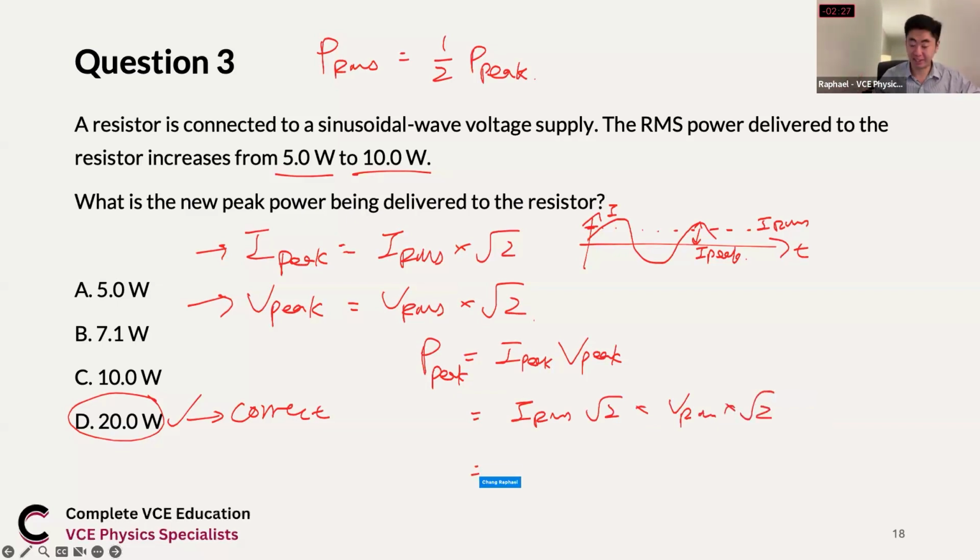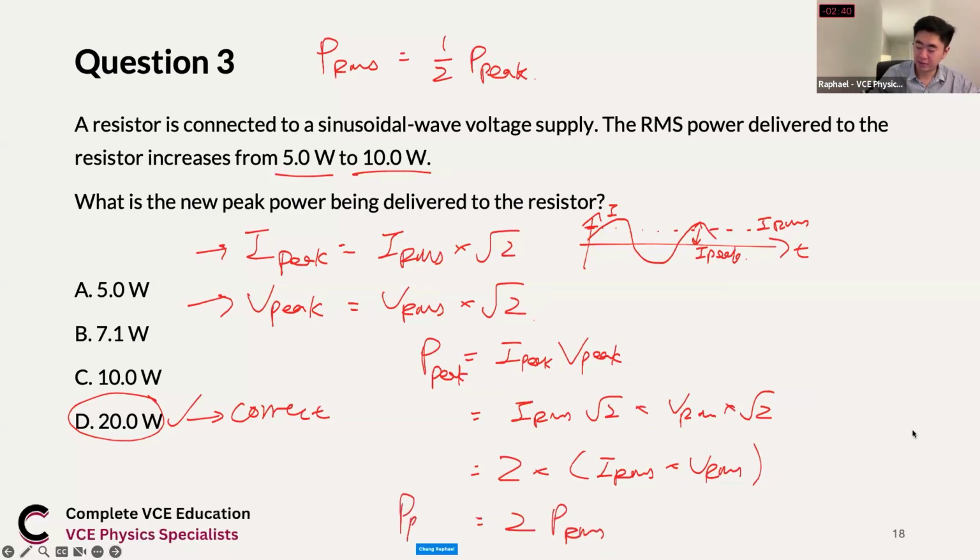And so this simplifies down to just 2 times I RMS times V RMS, which gives us just 2 times RMS power. So that's why in converting RMS power to peak power, we don't just follow the traditional multiplier of root 2. We multiply by 2 because of this derivation. The root 2's combine together to give a 2.